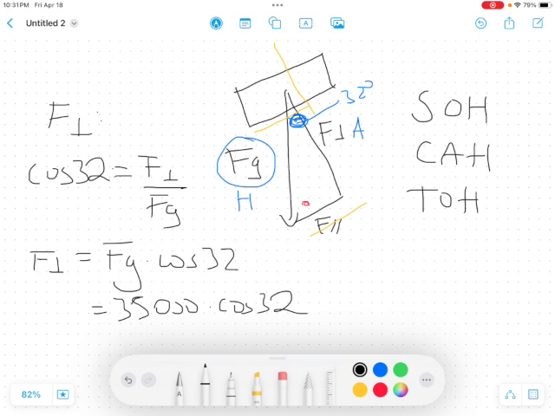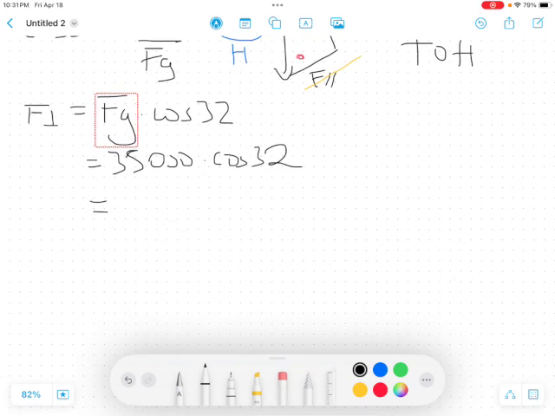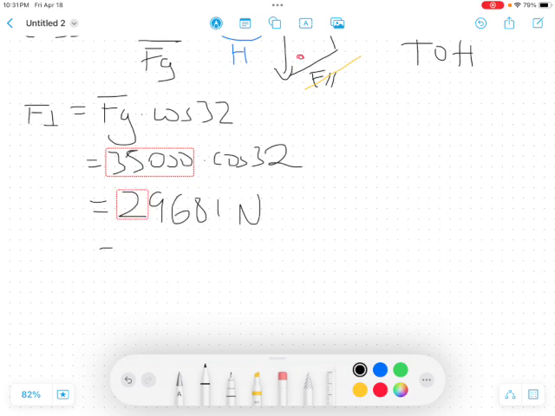Put that into my calculator. I get 29681 newtons, which is the same as, rounded, 3.0 times 10 to the 4 newtons.